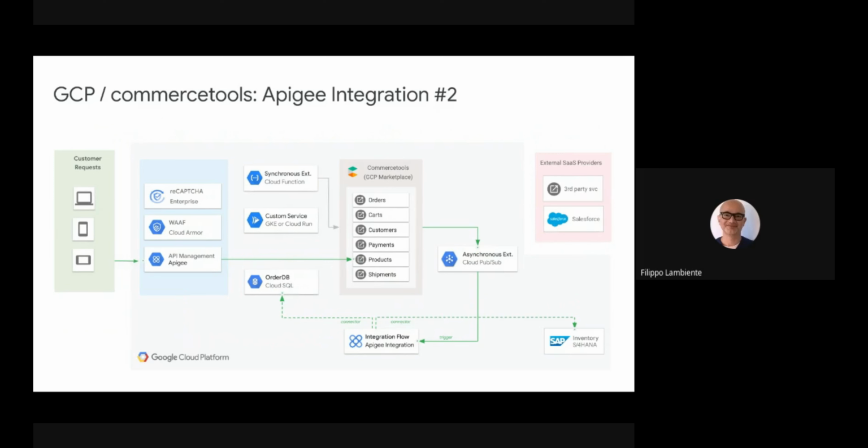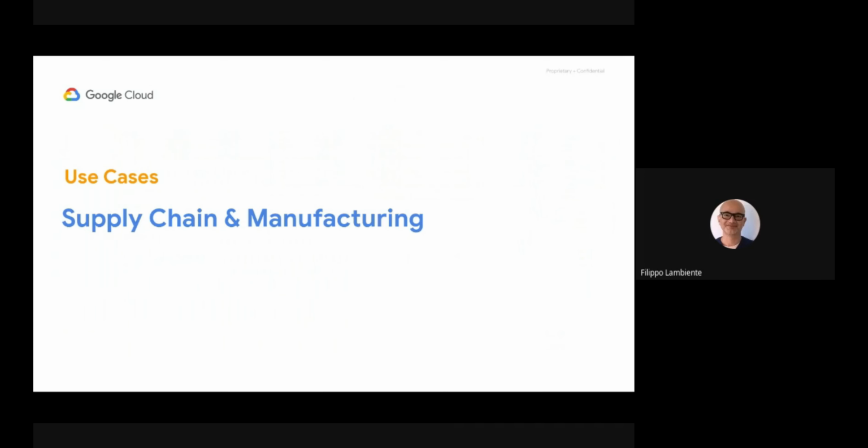When this type of integration is needed, we can leverage Apigee and complement it with Apigee Integration, which provides this type of iPaaS integration logic. It is also something that we see more and more often in our customer base.